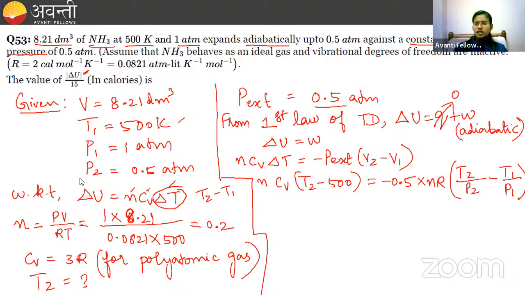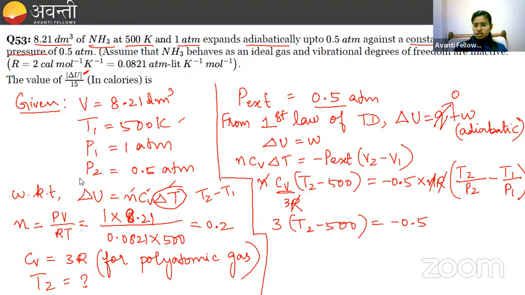So now, n will get cancelled with each other. And also in place of Cv, I can substitute 3R, right? So R will also get cancelled with each other. So I am left with 3 into T2 minus 500, which is equal to minus 0.5 times T2 by 0.5 minus 500 by 1 atmospheric pressure.